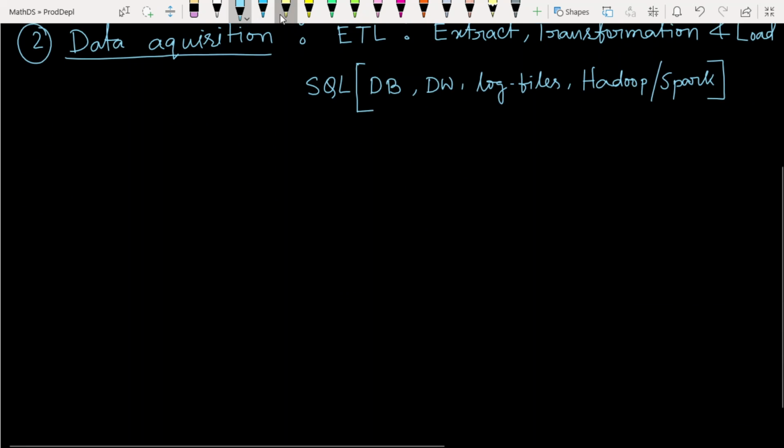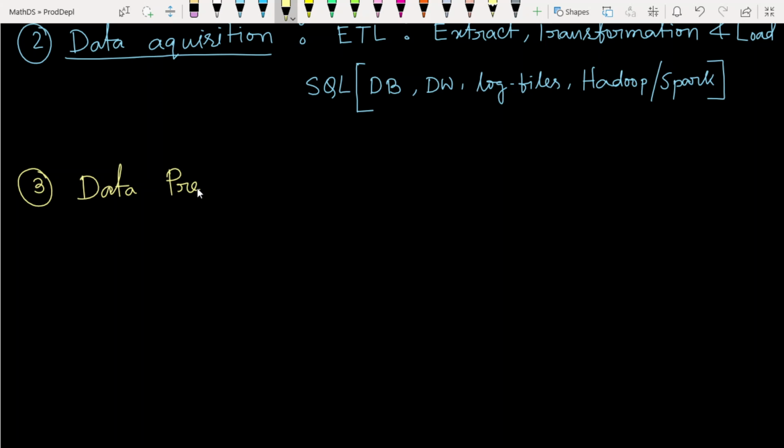Now the third step. After acquiring the data, in the third step we will pre-process this data. So the third stage is data pre-processing. Data pre-processing means I am talking about data cleaning, data preparation, what kind of outliers we have, removing the outliers, and finding the different types of data.